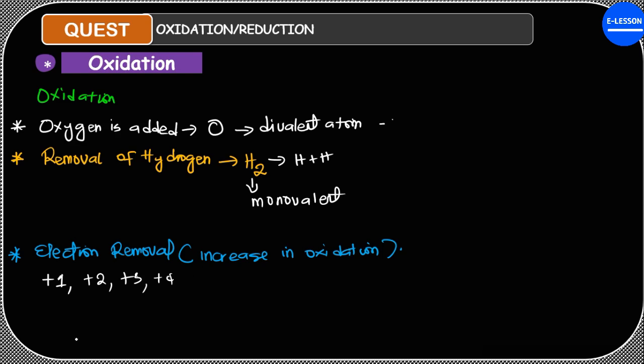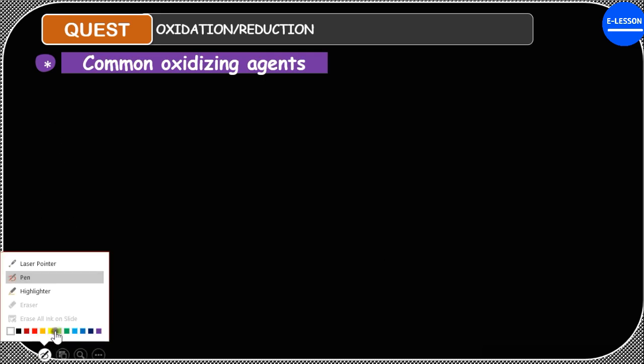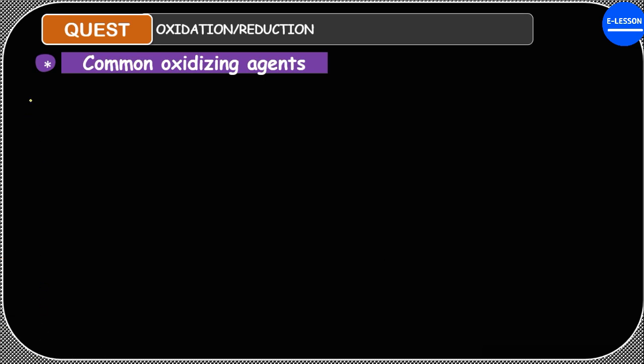Is that okay? Now, let us look at some of the common oxidizing agents. The most common oxidizing agent, as the name implies, is oxygen, which is O2. Other examples are HNO3, nitric acid, and ozone. All these are oxidizing agents.